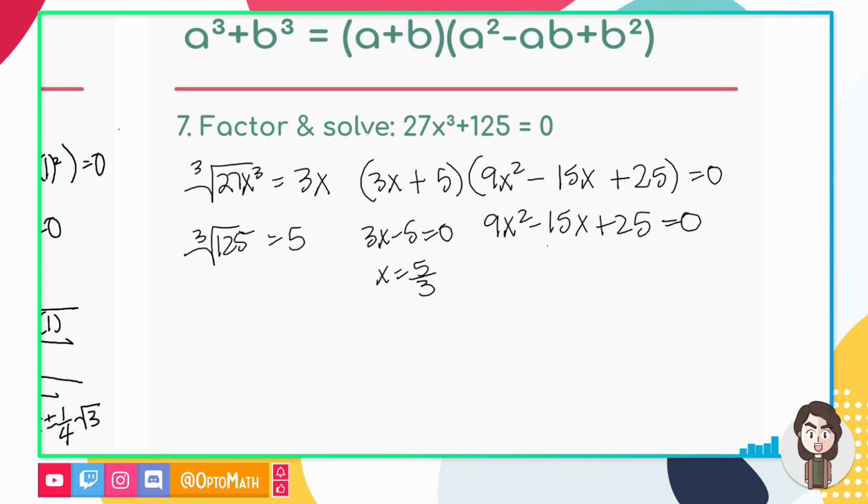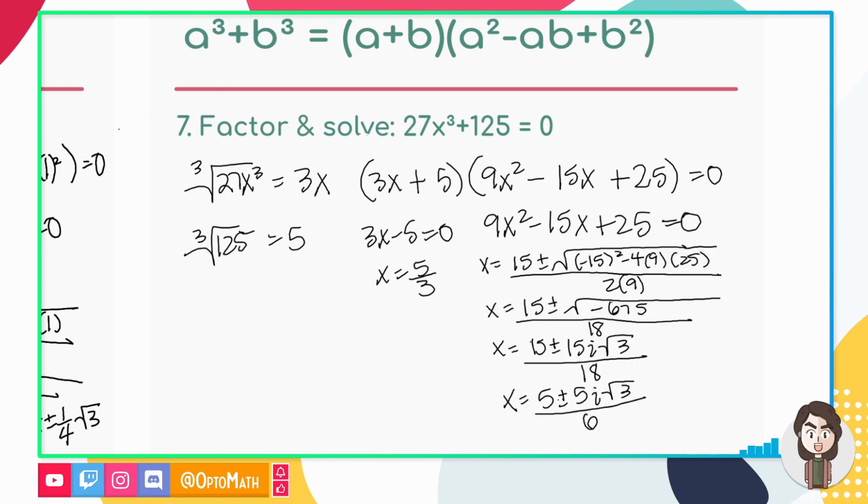I'm going to write that out and show you the work, but I won't show it in the video. You can pause it and look through it if needed. All right, there's the quadratic formula finding these two solutions, 5 plus or minus 5i square root of 3 divided by 6, which are the two solutions from this second factor. So 3 total solutions there.